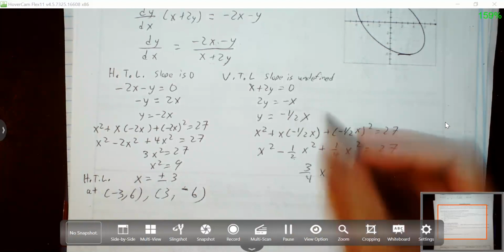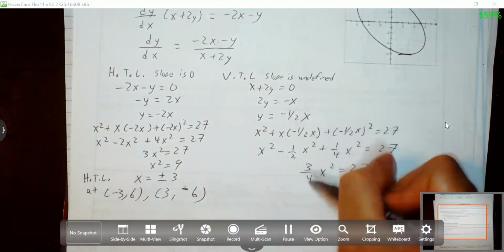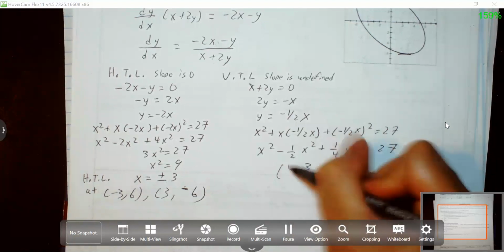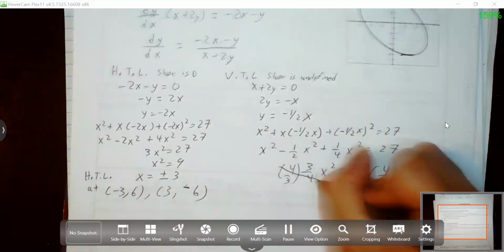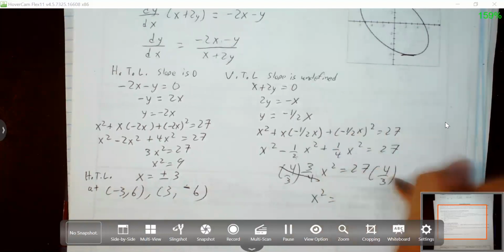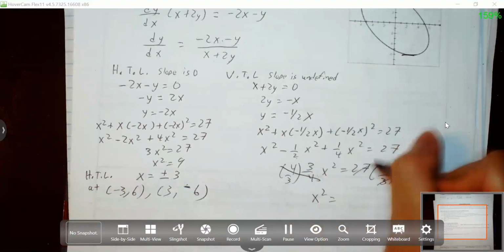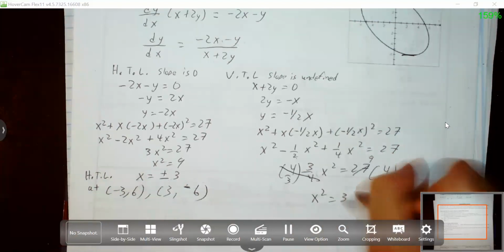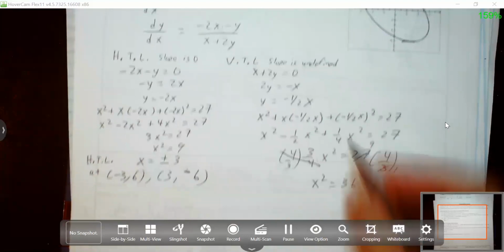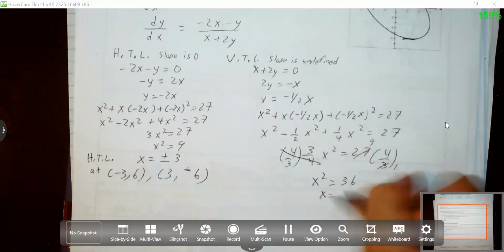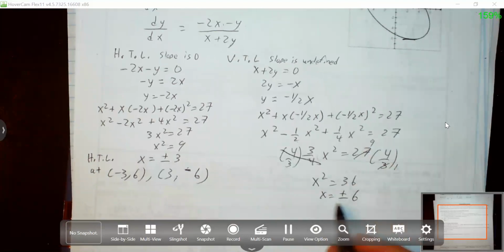Remember to solve for the variable. If I multiply by a fraction, I just multiply by its reciprocal. So this is 9. 9 times 4 is 36. And so x is equal to plus or minus 6.